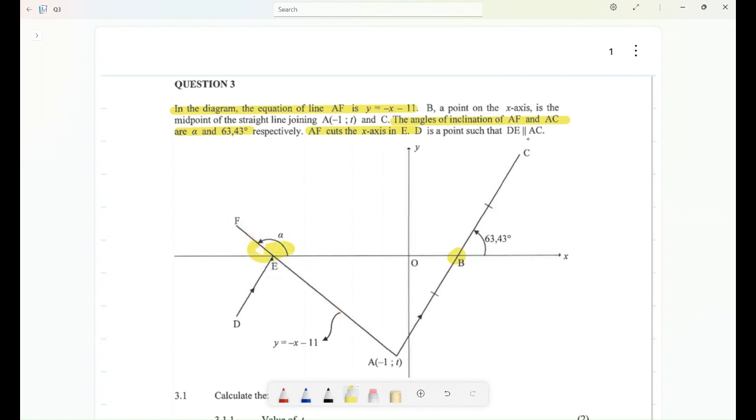D is a point such that DE is parallel to AC. These two lines are parallel to one another. If that is the case, this angle is equal to that angle. Yes, that is a very important part.